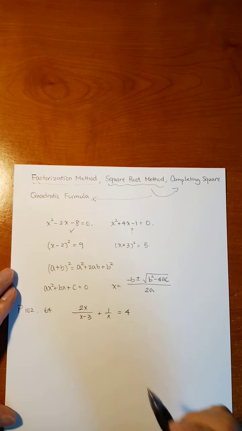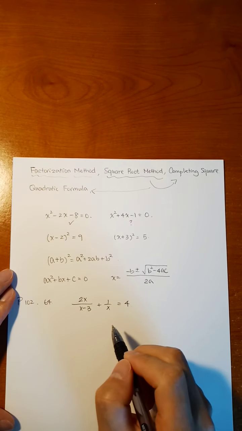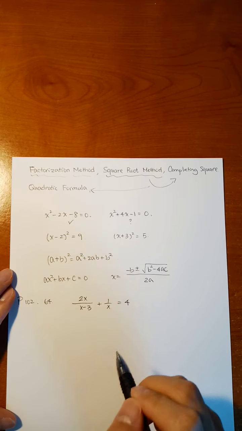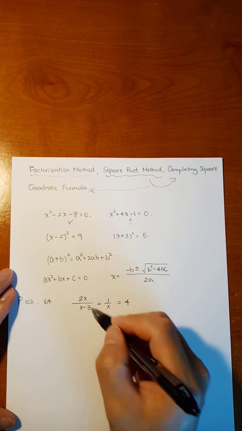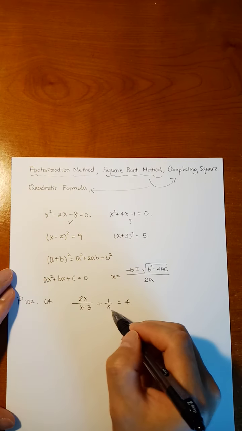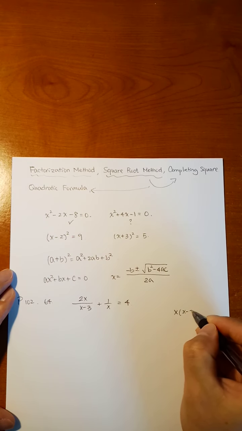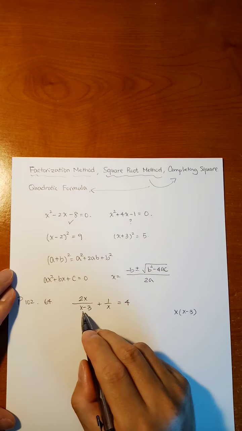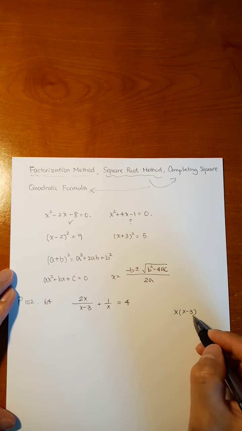We just have an equation, and we try to solve it. This one is not a quadratic equation. But remember, this has fractions. Whenever you have a fraction, you multiply both sides by the common denominator. The common denominator is x times x minus 3, so we multiply both sides by x times x minus 3.